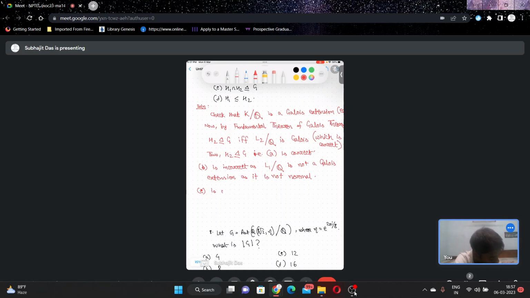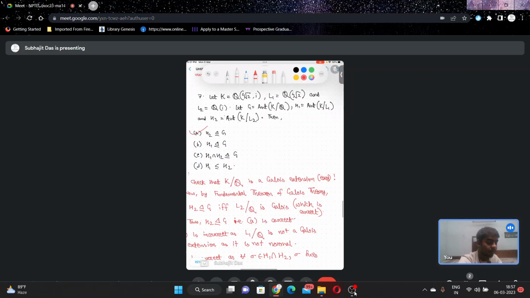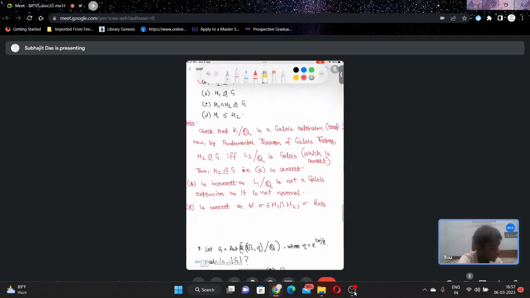C is correct, as for all sigma in H1 intersection H2, sigma fixes... H1 is the automorphism group of K over L1 and H2 is the automorphism group of K over L2. So sigma, which is in H1 intersection H2, fixes L1 union L2 elementwise, right?